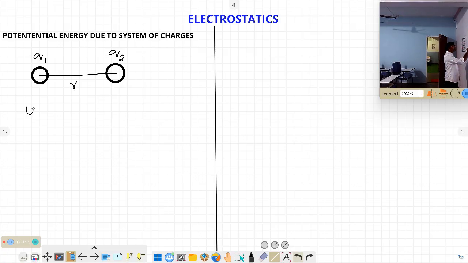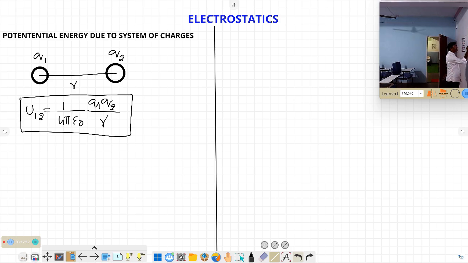Now the energy of this two charge system we can write as u12, that means between the first charge and the second charge. U12 is equal to, according to the formula, 1 by 4 pi epsilon naught into the first charge q1, second charge q2, by the distance between them, r. This is the formula for a system of two charges.